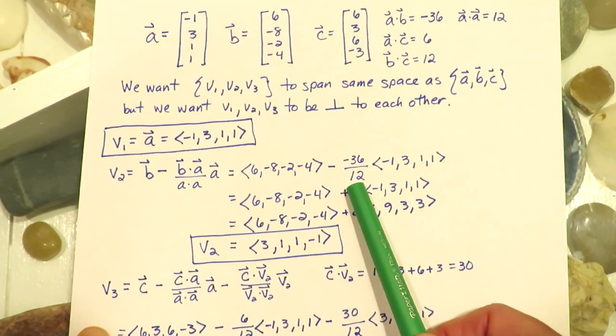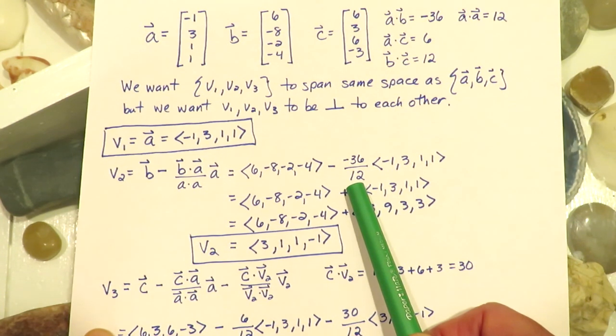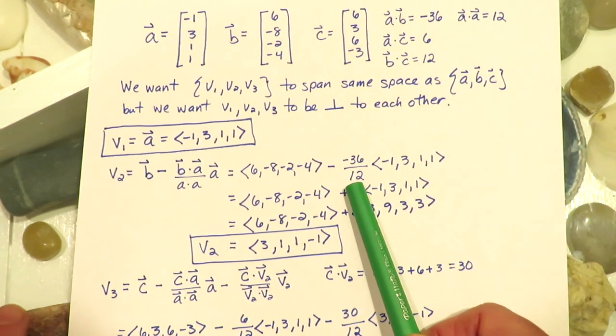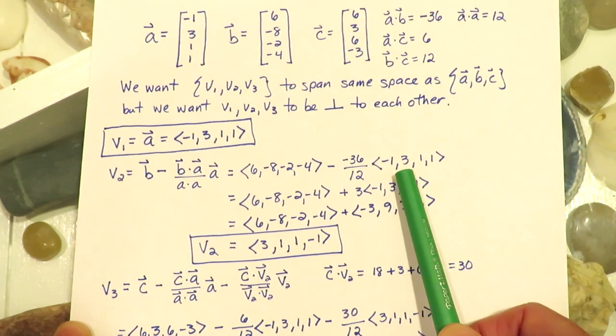A dotted with itself is actually the square of the length of A. A vector dotted with itself gives you the length squared, so it's like you found the length but didn't take the square root. So A dotted with itself is 12, and then I want to multiply vector A by that scalar.